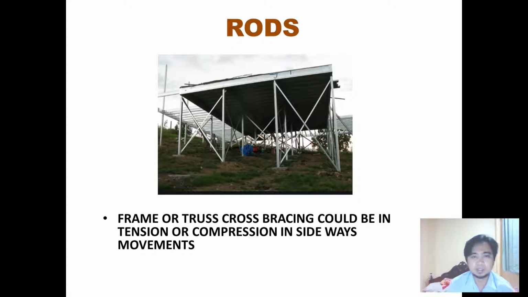The cross bracing has no implication if this structure caters only to gravity loads. However, if there is side swaying or lateral loads, those cross bracing will be subjected to either compression or tension. Again, a side sway would cause this cross bracing to function.